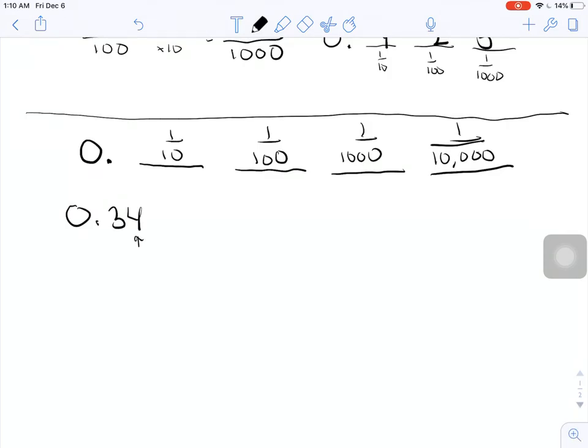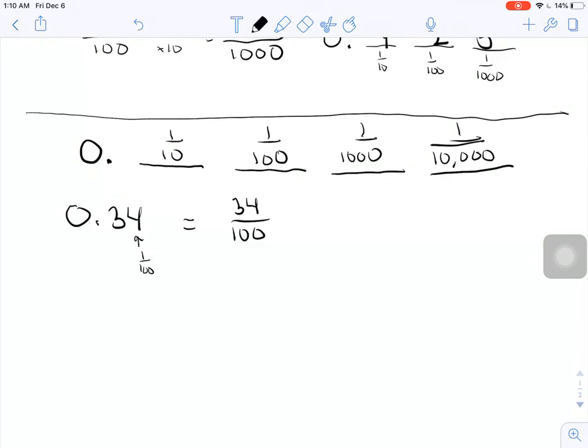That is the hundredths place. So this would be 34 hundredths. If we convert that to a fraction, it would look like 34 over 100. If we need to, our next step would be to scale the fraction to have a denominator of 100.